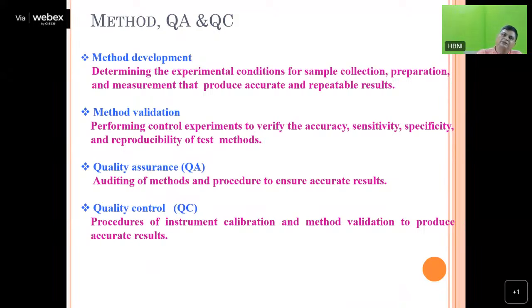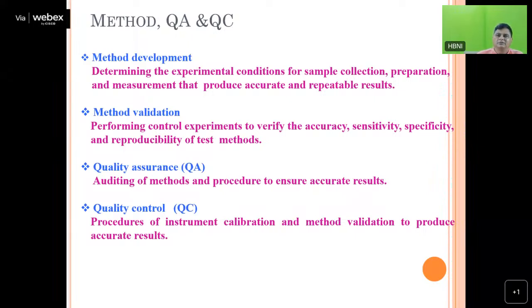Then method development. These are some of the important parts whenever we discuss QA/QC. Determining the experimental conditions, which include sample collection, preparation, and measurement, to produce accurate and repeatable results is termed method development. And method validation means performing control experiments.